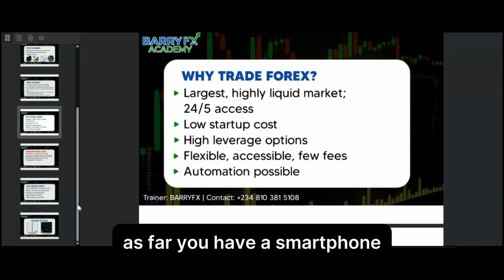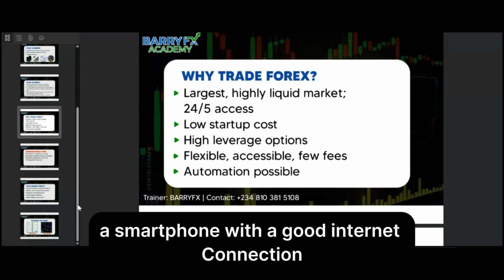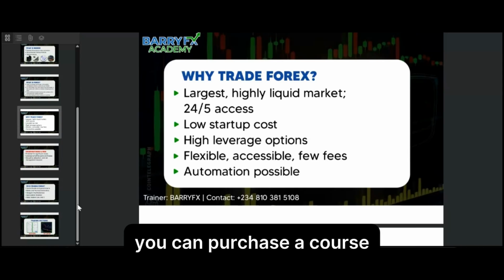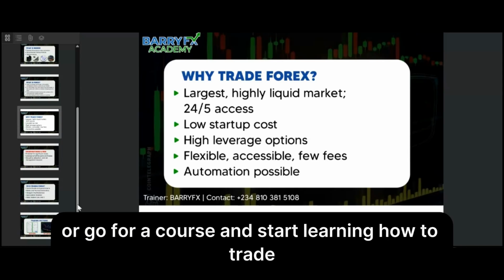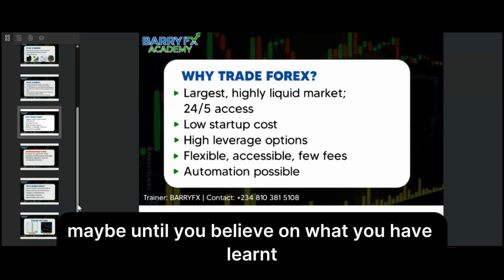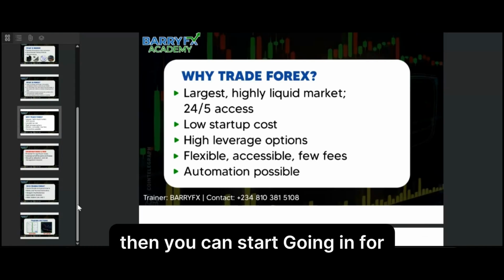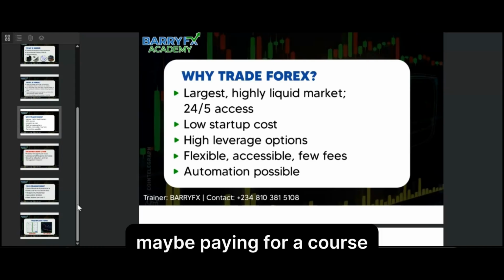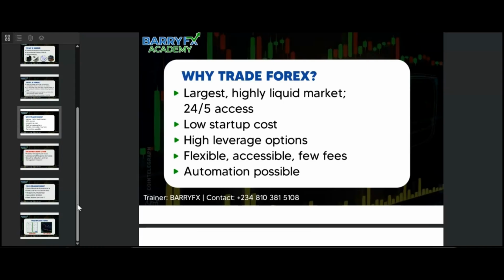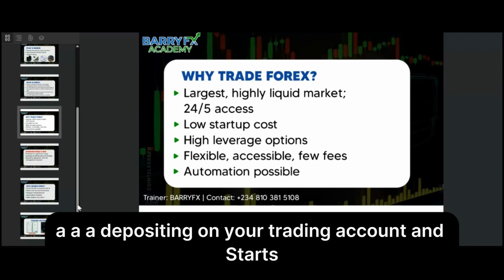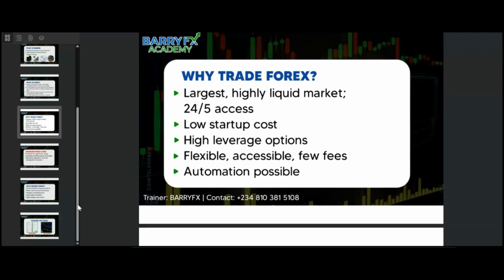As far as you have a smartphone with a good internet connection, you can go for a course and start learning how to trade. Then, when you believe in what you have learned and in your strategy, you can start depositing on your trading account and start trading.